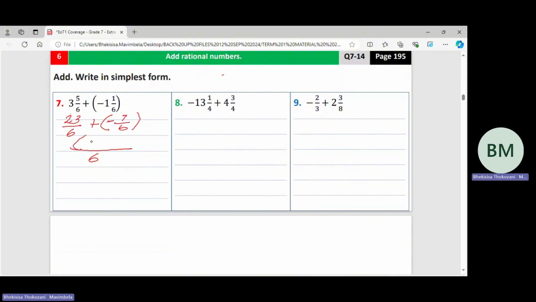I like to do it this way. So I'm going to say 23, and then because the signs are not the same, I'm going to minus 7. Remember, when the signs are not the same, in addition, you subtract and you take the sign of the bigger number. 23 minus 7.